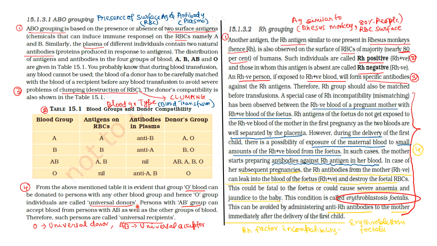Then we will see which is the universal donor and which is the universal acceptor. In RH grouping, we will see what is RH blood type, what is RH positive, what is RH negative, what is RH incompatibility, and then we will see a specific example of RH incompatibility, that is Erythroblastosis Foetalis. So let's dive into the topic now.